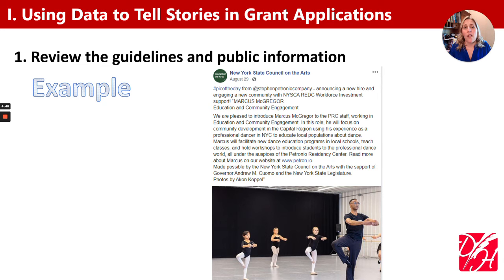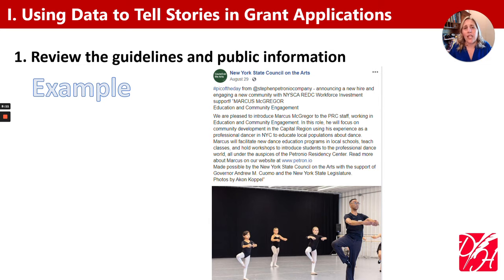So the example on the screen is from the New York State Council on the Arts. That is a state funding agency that does indeed publish very formal, extensive guidelines about their requirements and expectations for a grant application. And yes, that does give us some clues about what we should be including.